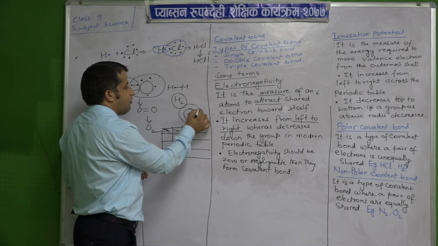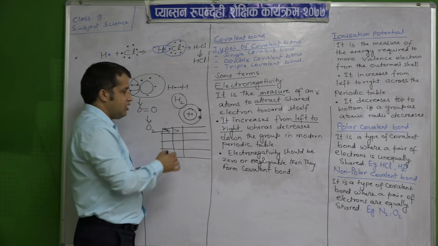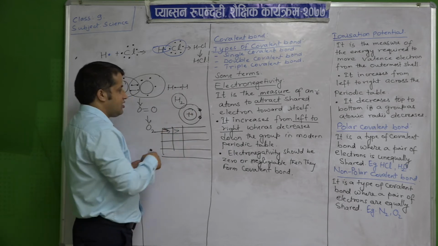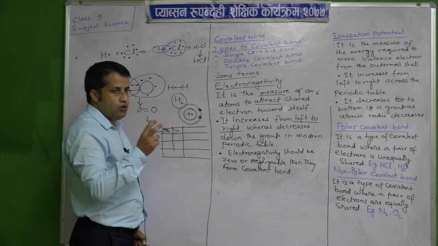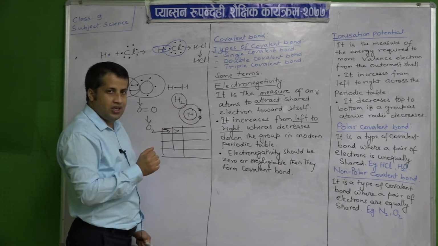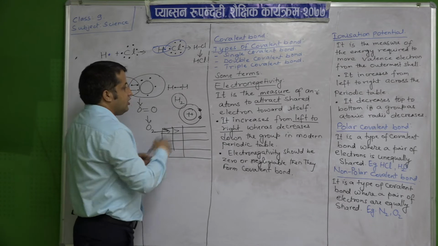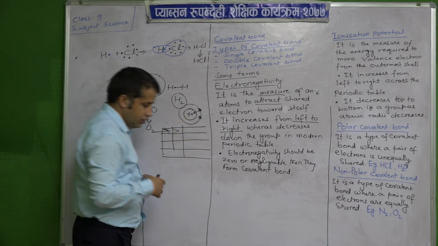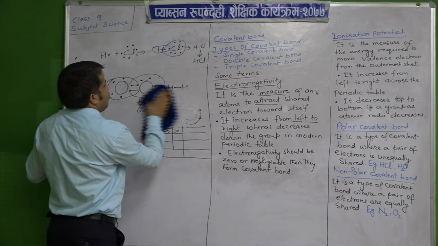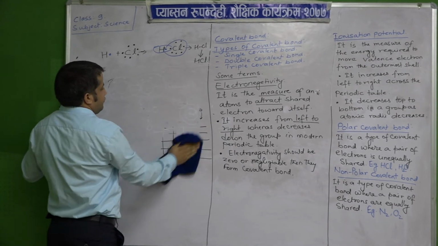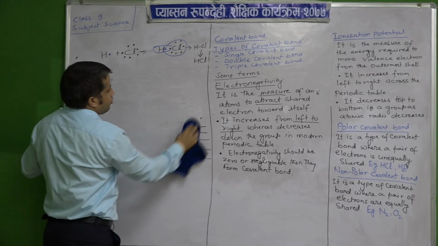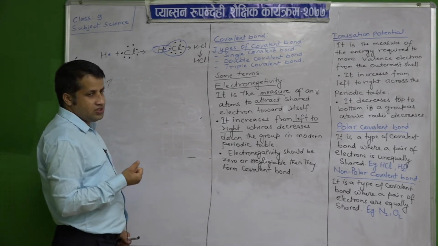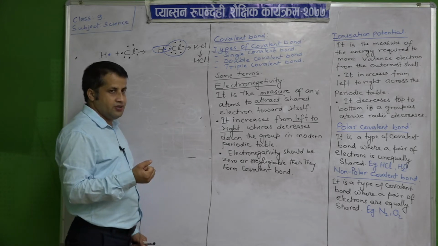As the number of electrons increases, the protonic charge at the nucleus is also increasing, due to which the electrons are attracted toward the nucleus. So along the period, electronegativity, the power of attracting electrons towards itself, increases.